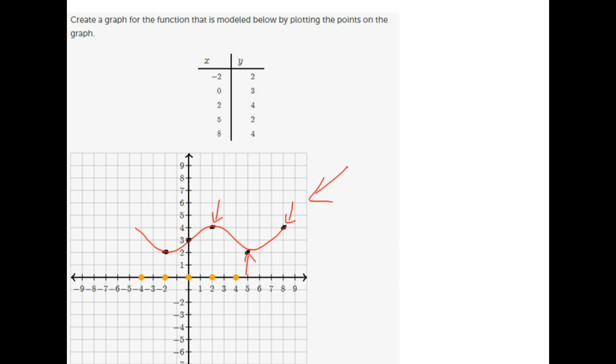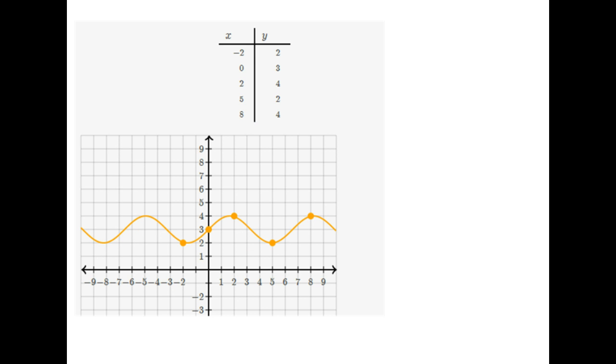So let's go to, there's your graph. So you can see here is a point, here's a point, there's a point, there's a point, there's a point. You can see all those different points where it crosses as perfectly as possible.